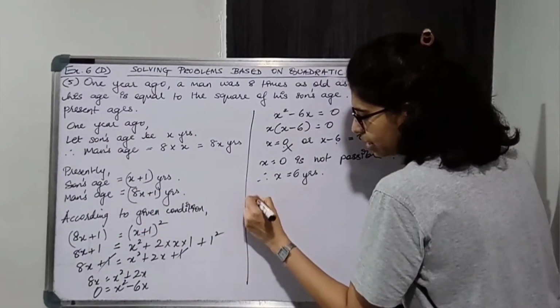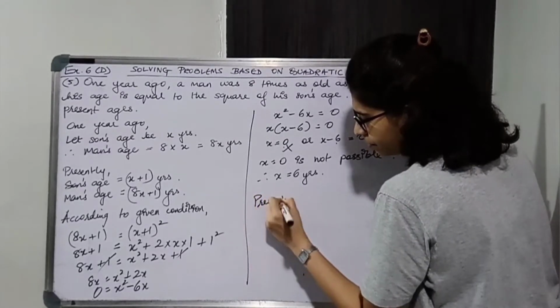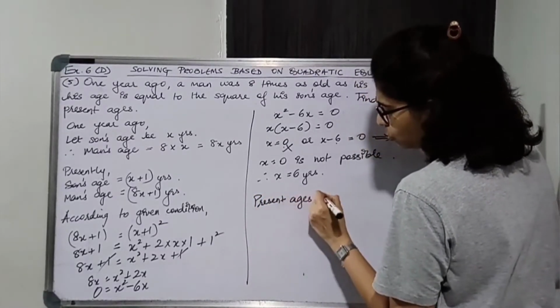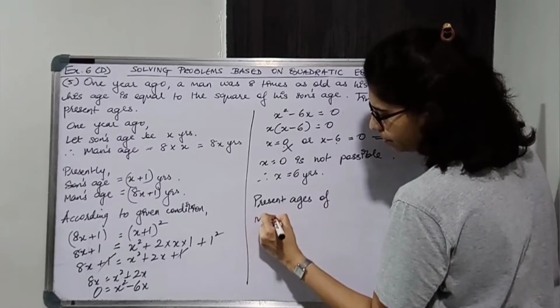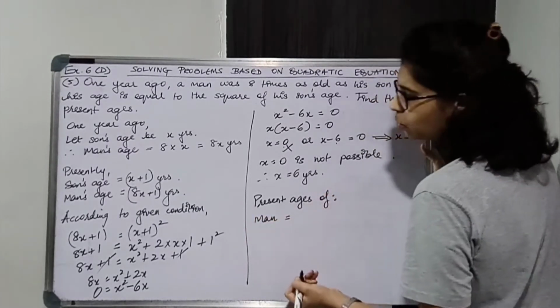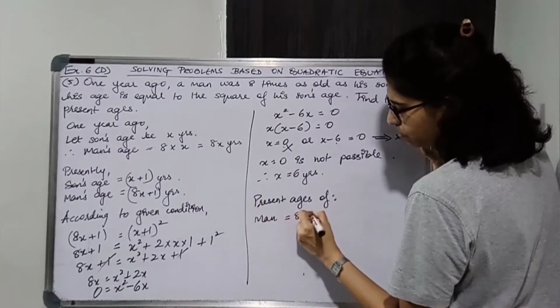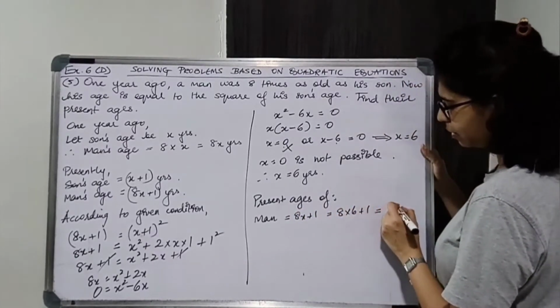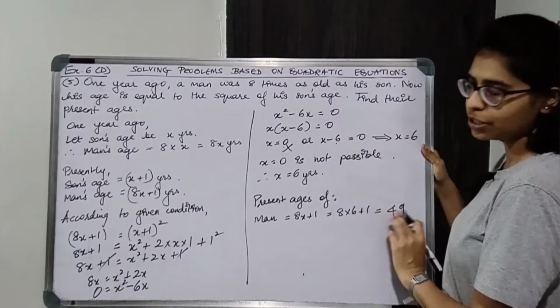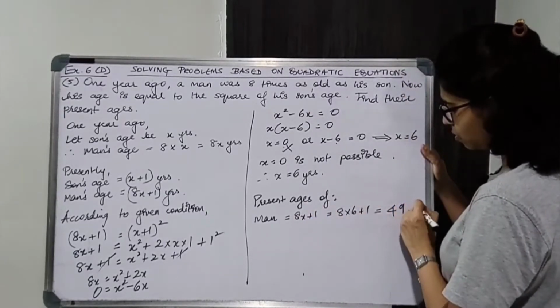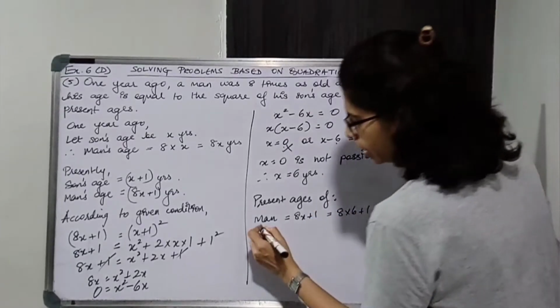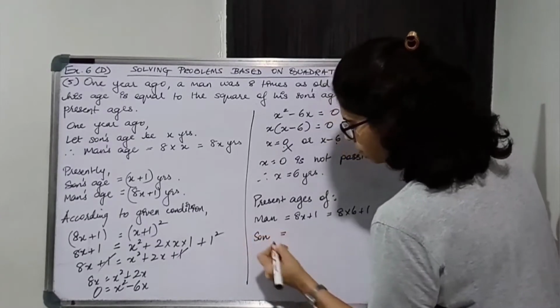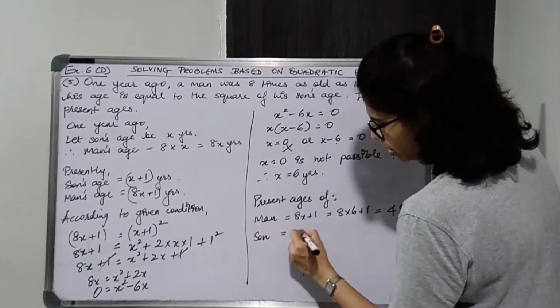So present age of man is equal to 8x plus 1. That is equal to 8 into 6 plus 1. That will give me 49. Okay, 8 sixes are 48 plus 1. Years, don't forget the unit. Son's age will be x plus 1.